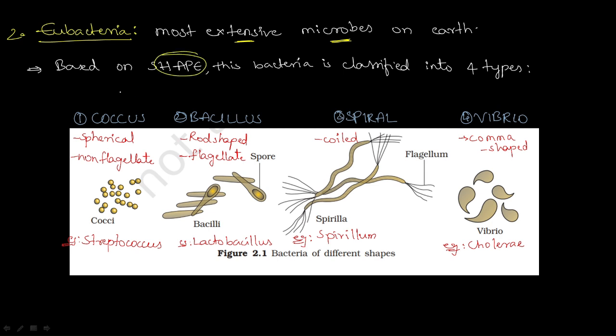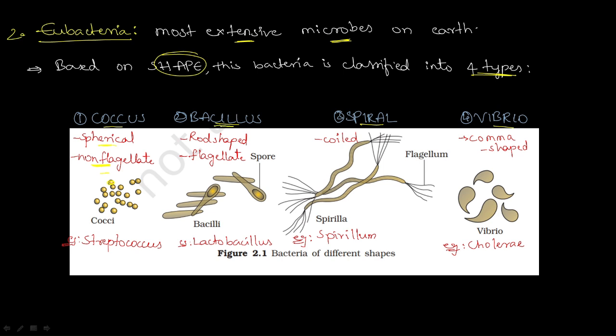Based on shape, eubacteria are classified into four types, namely coccus, bacillus, spiral and vibrio. Cocci are spherical and non-flagellate. It means that they don't have flagella, so they are incapable of locomotion. An example for this is streptococcus.